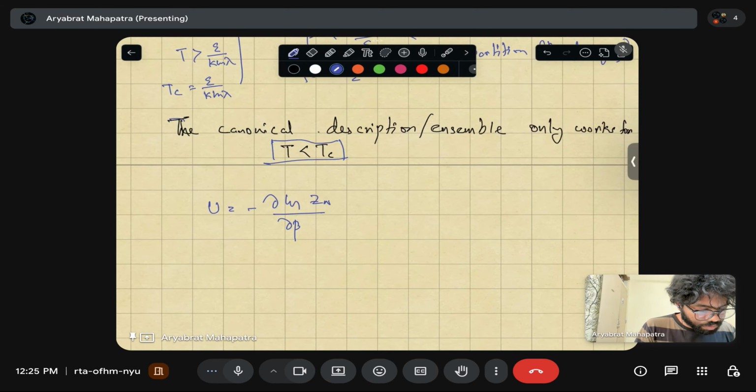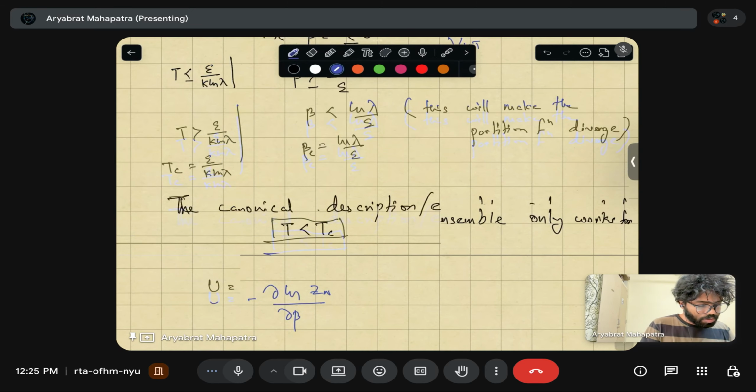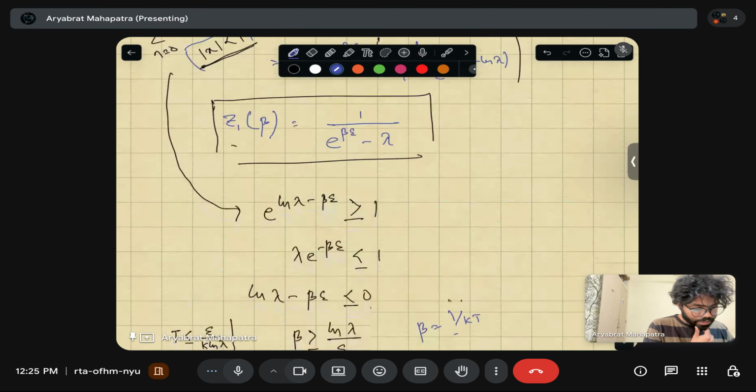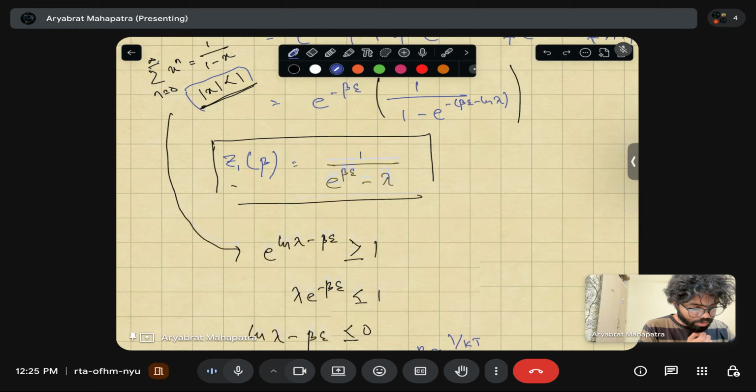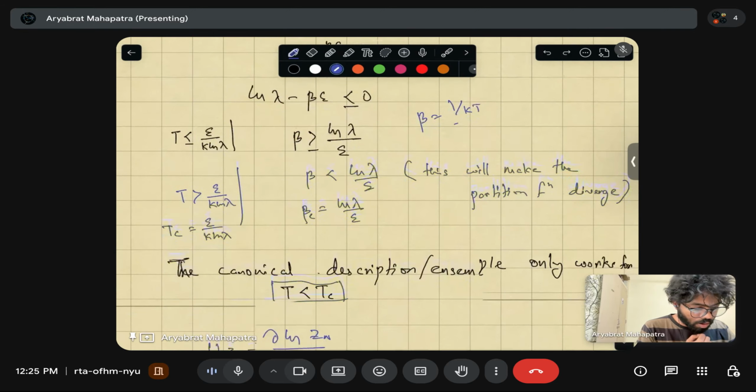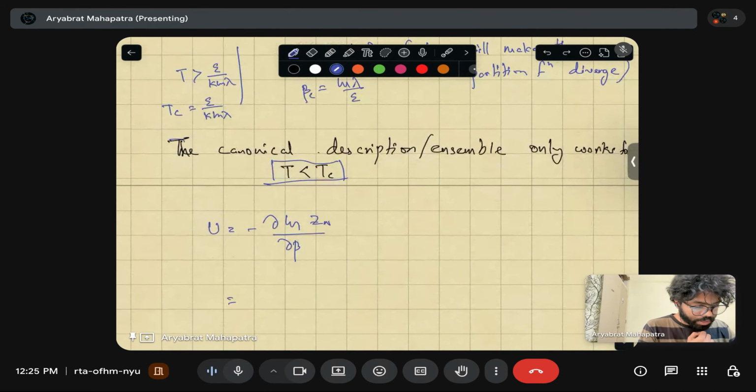You take the log of the partition function we found here, remembering this is for a single particle; its nth power gives you the total partition function.